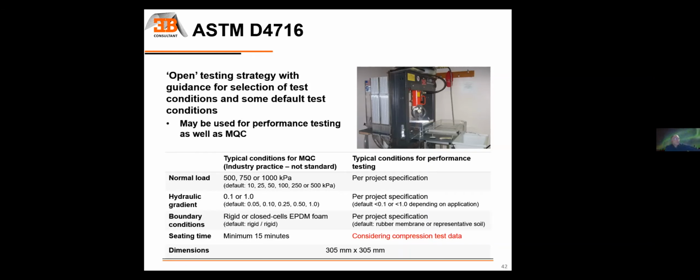So that's the basic description for ASTM D4716. So what are the main differences between the two, ISO and ASTM? ISO 12958, the normal load is typically relatively low: 20, 100, and 200 kPa. And for ASTM D4716, what we see the most often are similar low loads, like 50 kPa, which is very common.